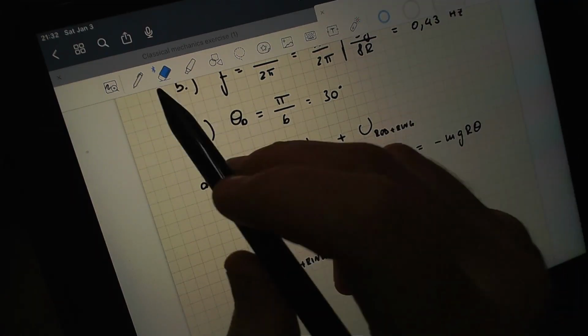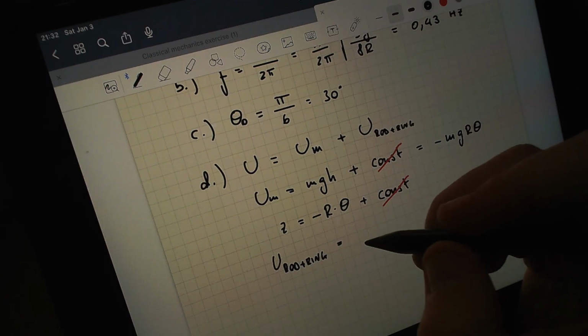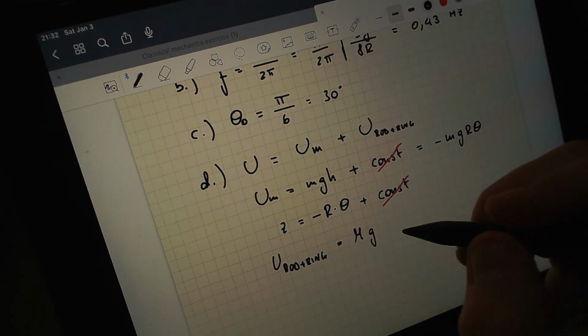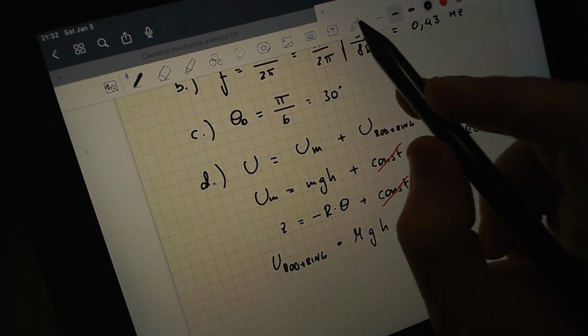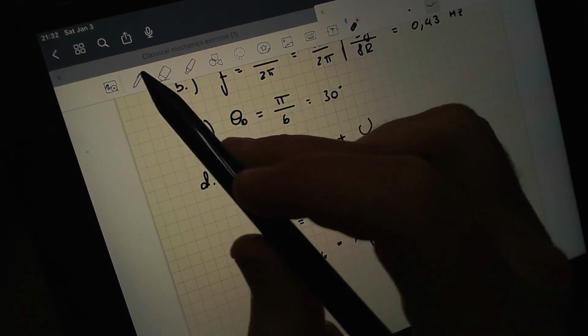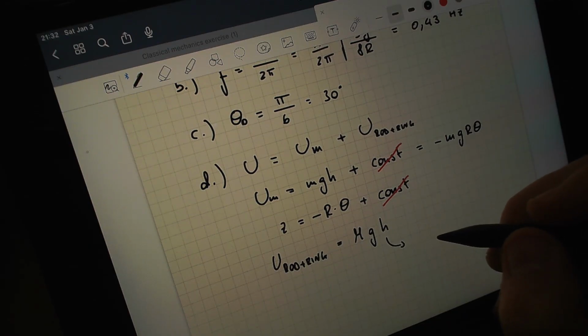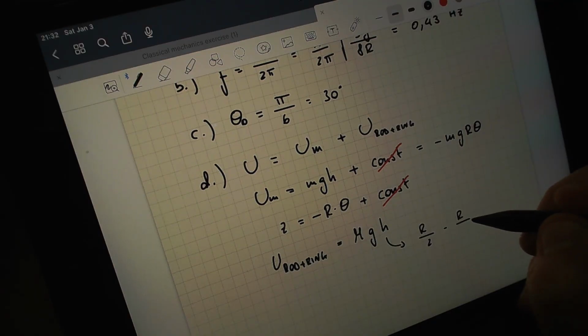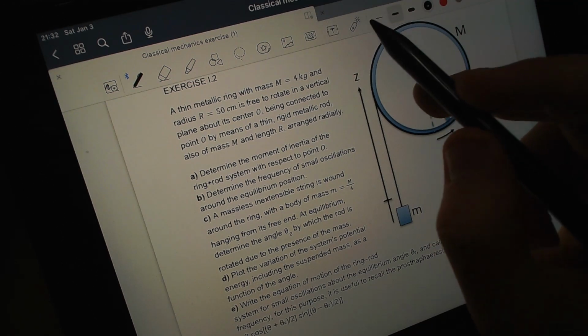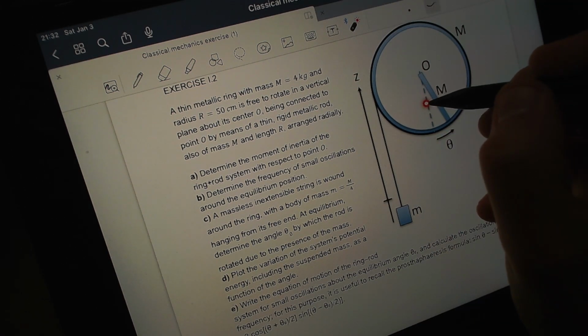Here obviously the mass is in this case m, and then we have g, and then the h, and the h can be determined considering just r over 2 minus r over 2 cosine of theta, because if this is the position in which the potential energy is 0, this is a general position, and we have to consider this distance.